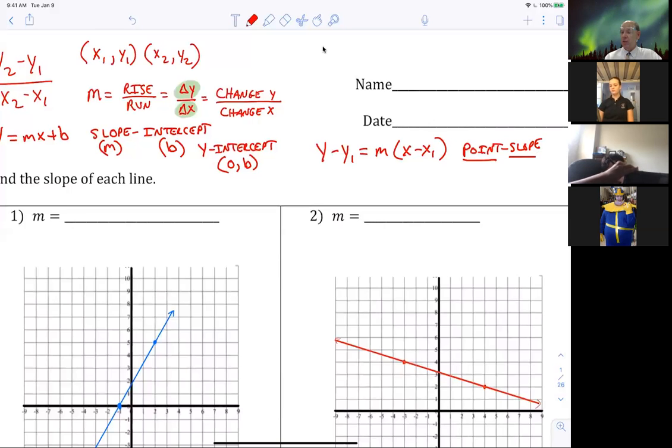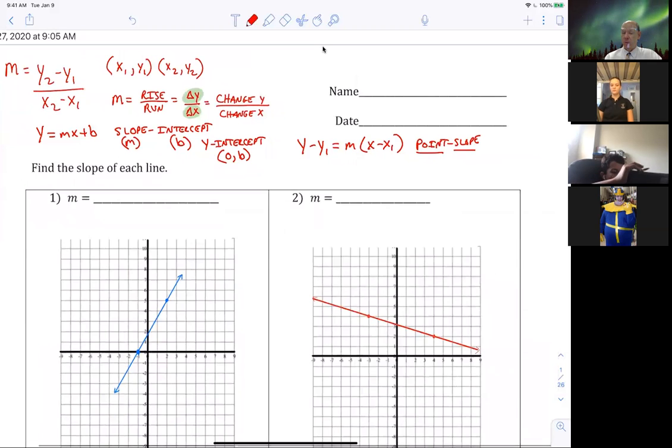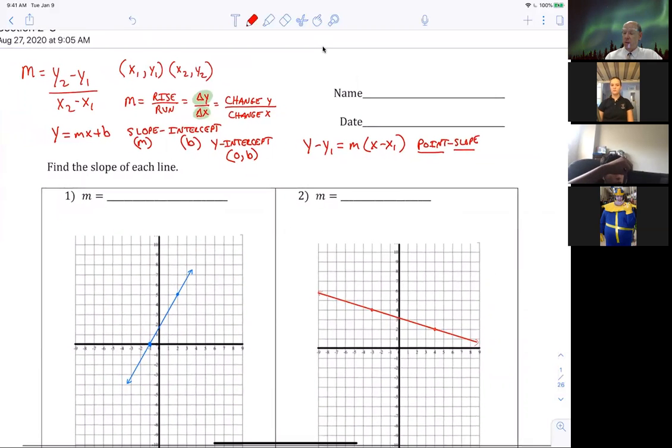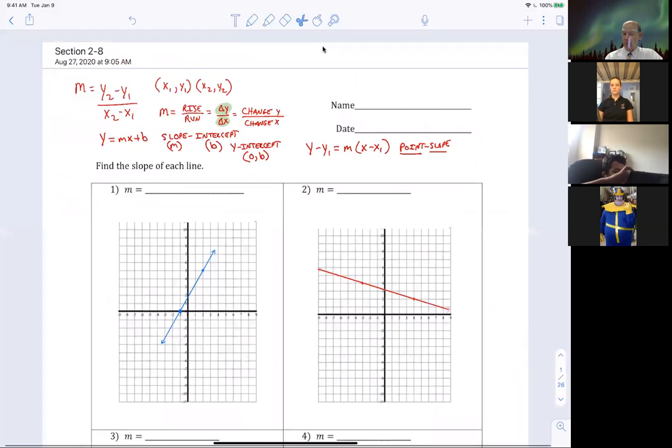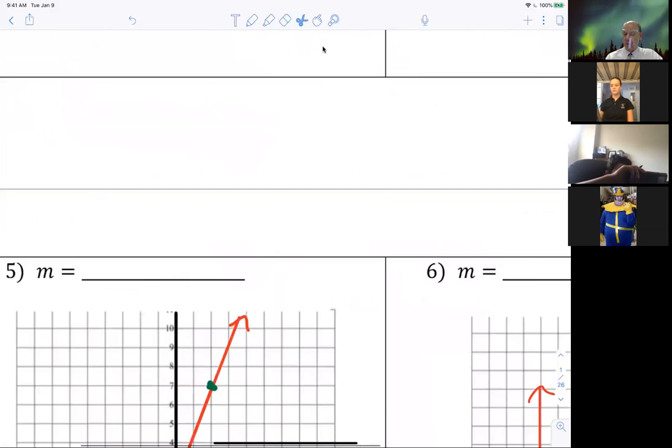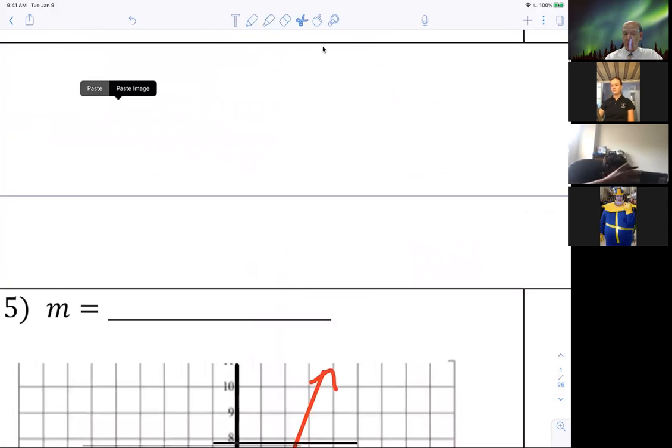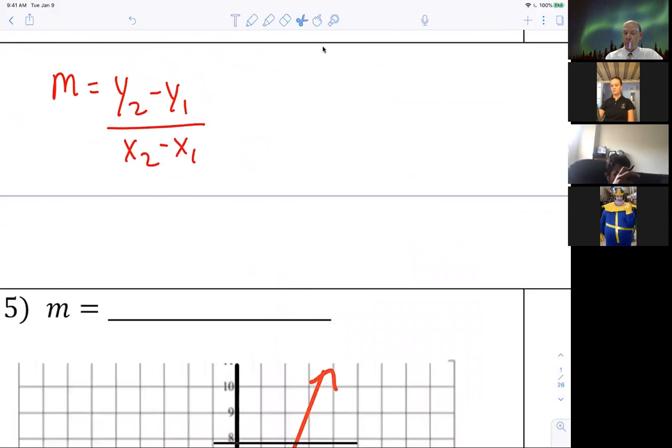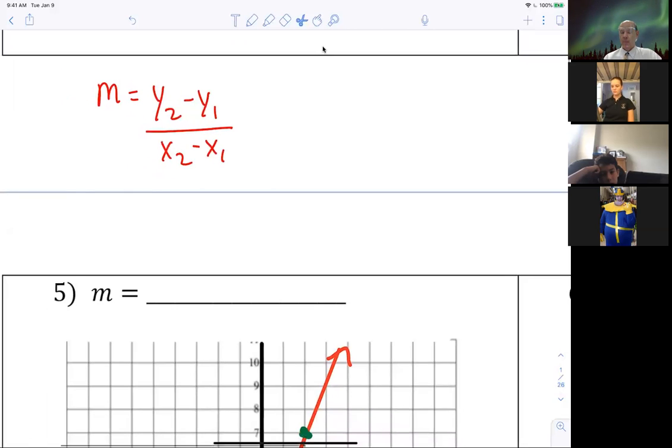Now something I want to show you guys I think is really important. I want everybody to do me a favor. If you wrote this formula down, copy it, and then we're going to paste it down here so I can show you something. Because sometimes kids say, all these formulas, I can't remember them. So watch now.